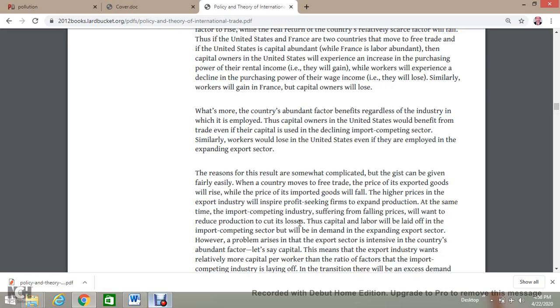There is a fall in price. As there is a fall in price, obviously you can see the fall in the wages of the laborers. So this theorem clearly says that if the prices of the commodities which are exported are increasing, let us look into the factor inputs.